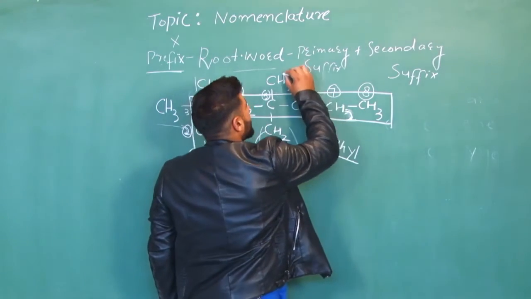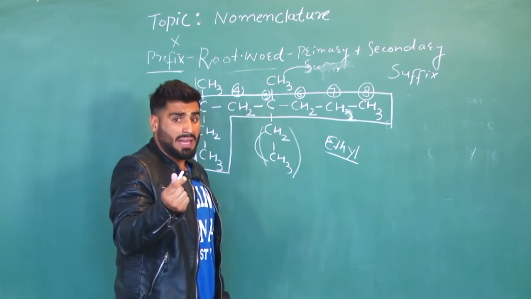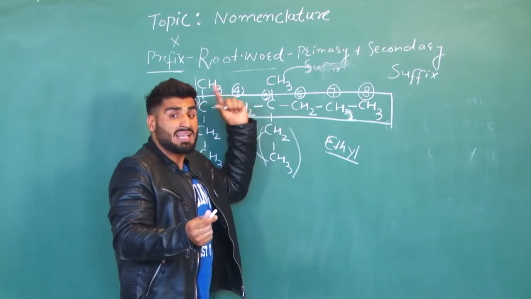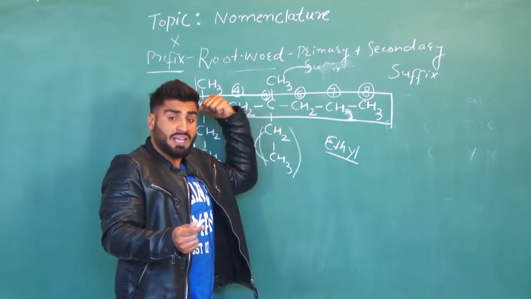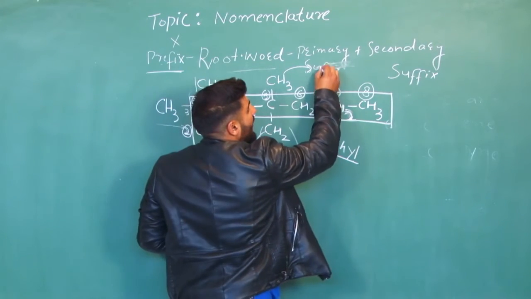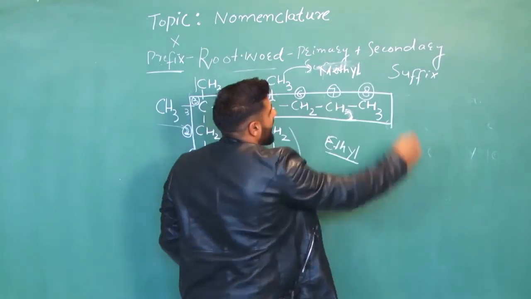For 1 carbon atom, I have the root word meth, but I am using it as a substituent. I am writing it in the prefix, so I will be adding YL, methyl.